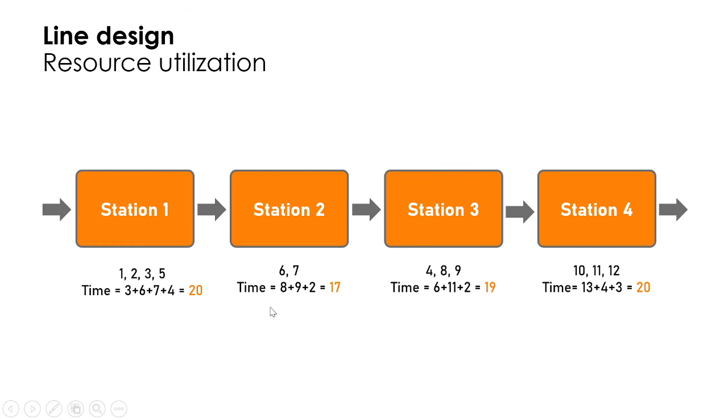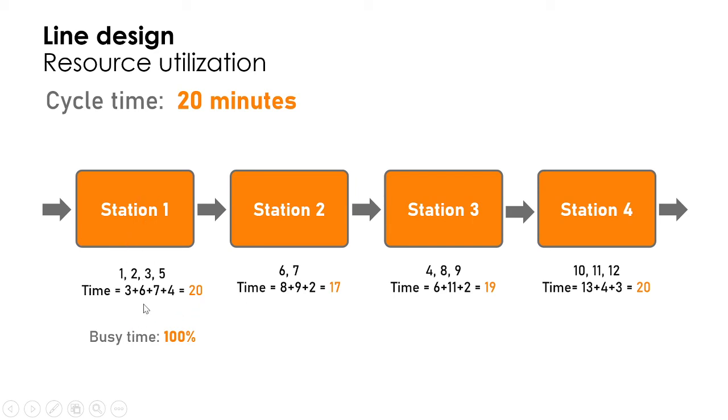If we have this configuration of our line, we expect a cycle time of 20 because the slowest station is the one that sets the pace for the whole line. So these 2 stations, 1 and 4, are the slowest, and that means we're going to produce 1 amplifier every 20 minutes.